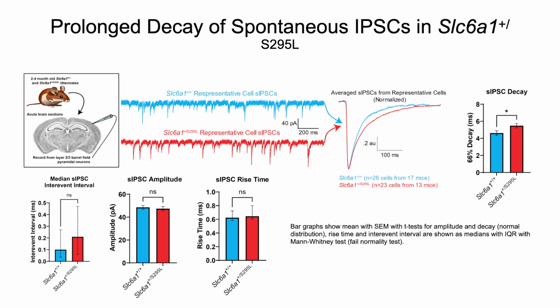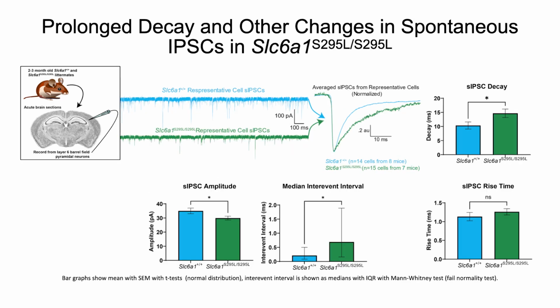I also looked in the cell homozygotes. In this case, I looked in layer 6. But what I did see is, similarly, a difference in decay. These are average representative cells, and then this is the difference across all the cells that I looked at.